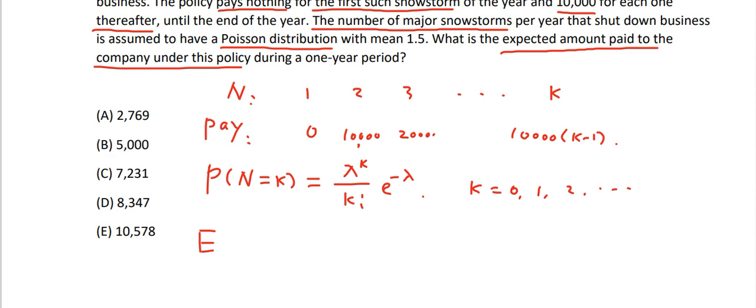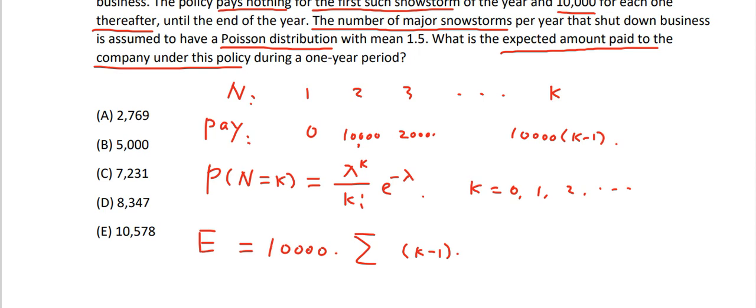Okay, so now we want to find the expectation, the expected payment. It is the sum of P(n equals k) multiplied by the payment. So we take this number outside. The payment is k minus 1, right?